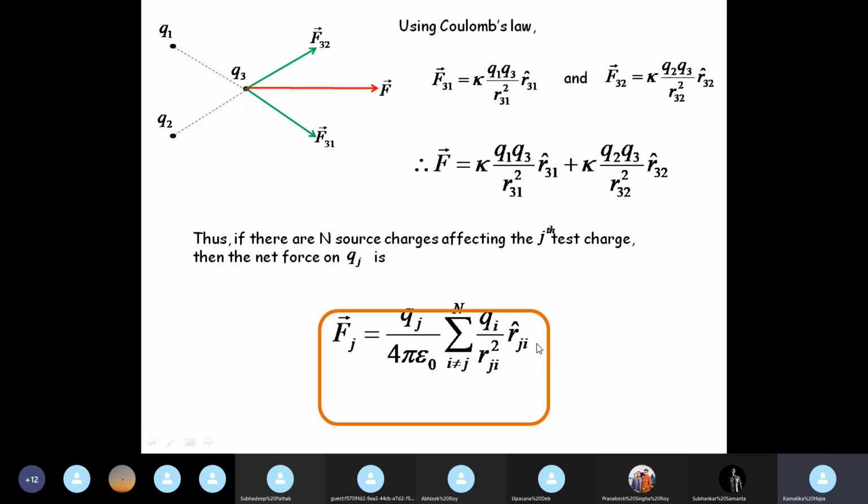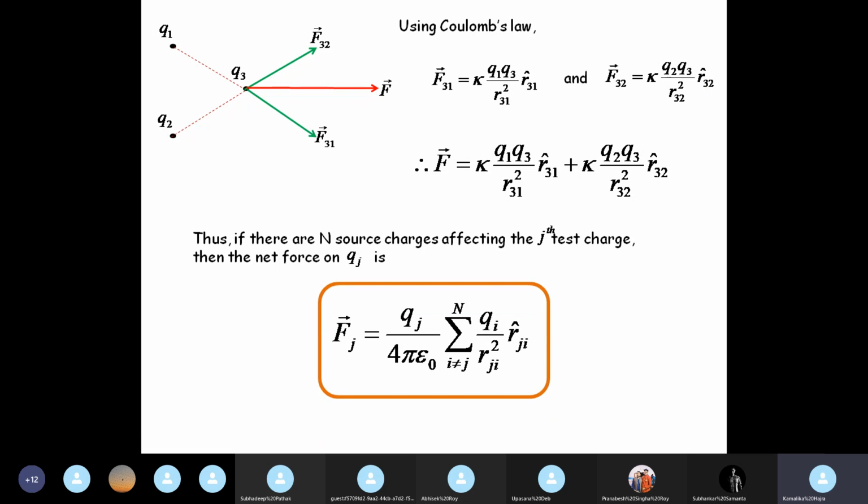So this is the general expression when there are n source charges acting on the jth test charge. All right. So suppose there are 5 charges and you are given their position vectors. You can just sum up, use this formula and find the resultant force on the test charge due to all the source charges.